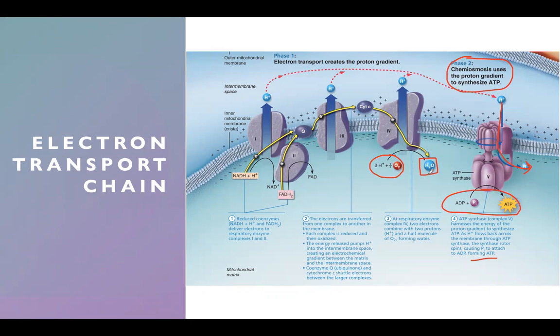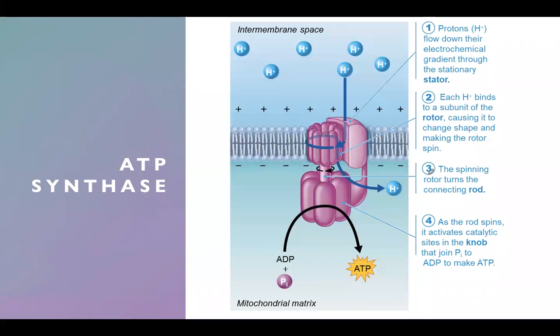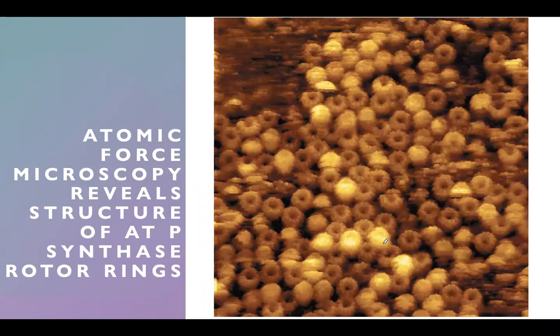So again, if you need to pause this lecture video, this will hopefully help you answer and fill in a lot of the blanks in your handout. I have a couple of final slides about the ATP synthase rotor molecule. It's fun to see how this rotor will turn as hydrogen ions rush through to create those ATP molecules. And then a final picture, which is just really fun to look at.